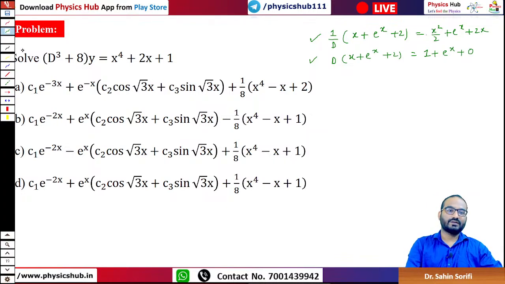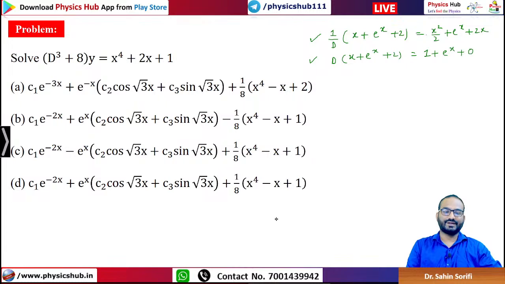This problem, are you able to solve it, or are you finding it difficult? Okay, the third order derivative. But that is not a problem. If you know about second order, third order also you can handle. Let me solve it for you.